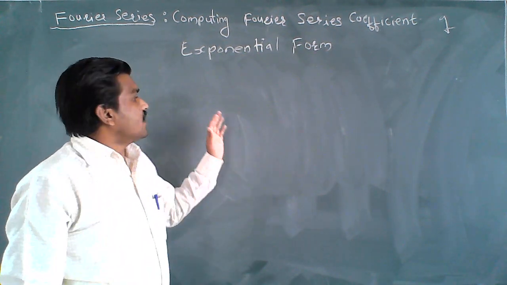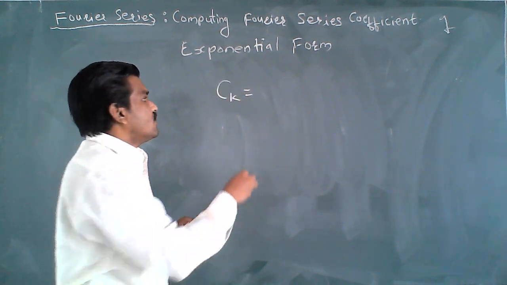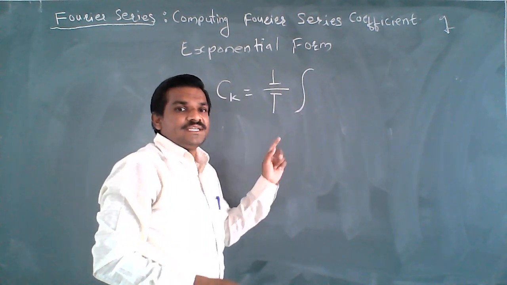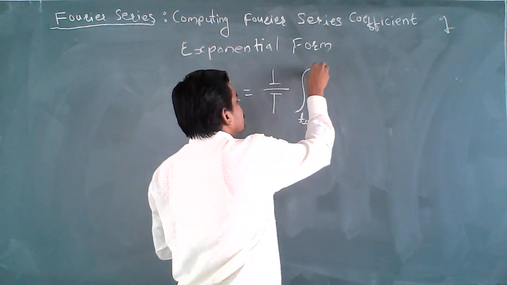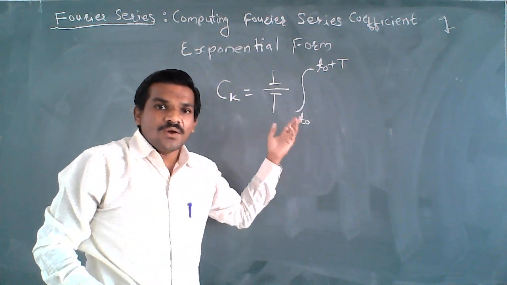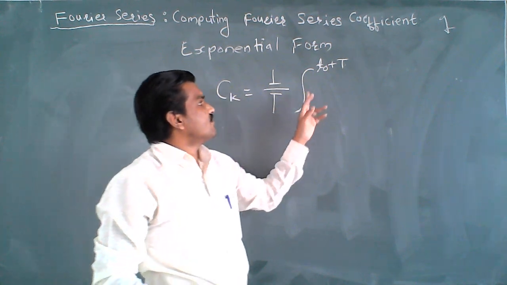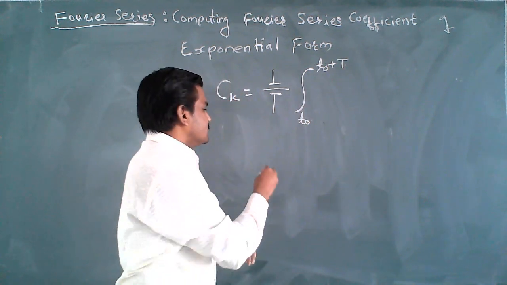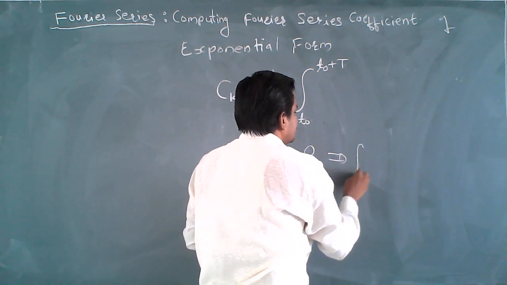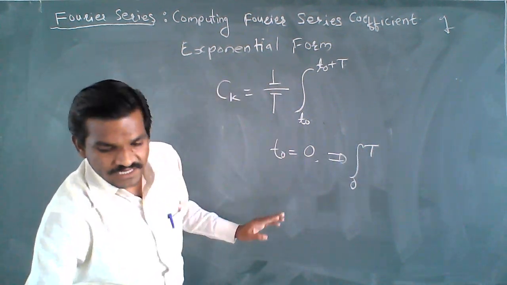As you know, in the last class we have seen the equation that Ck is equal to 1 by T, then we integrate over a time period T. We can start the integration from t0 to t0 plus T, so this is integration over any complete period T. In some books you find that t0 is equal to 0, so this becomes integration from 0 to capital T, which again integrates over any complete period.